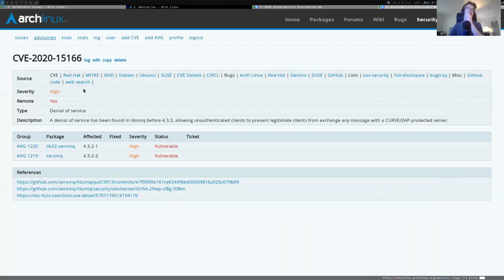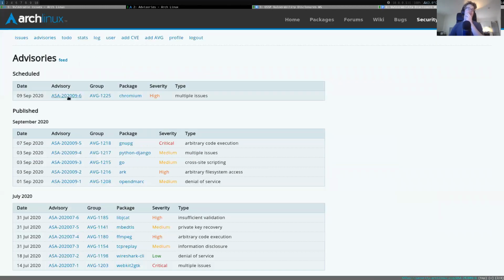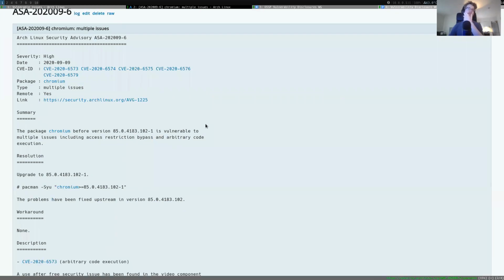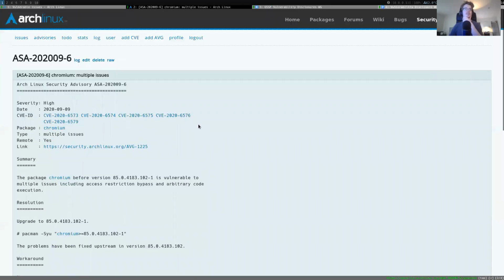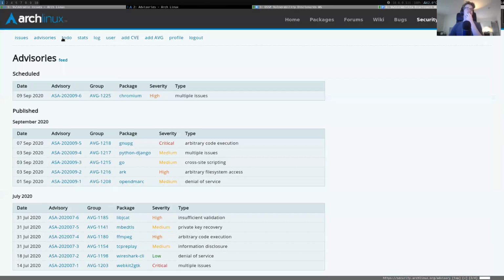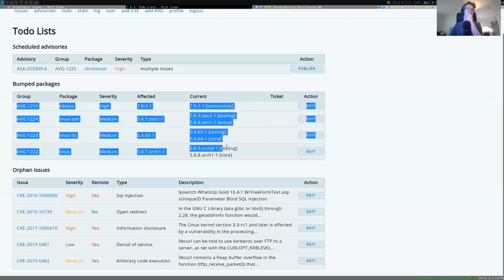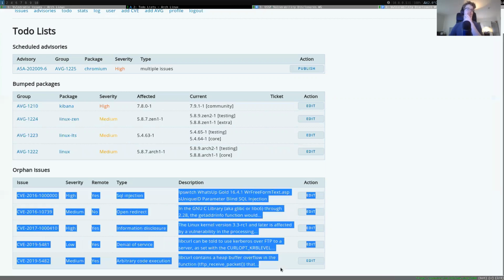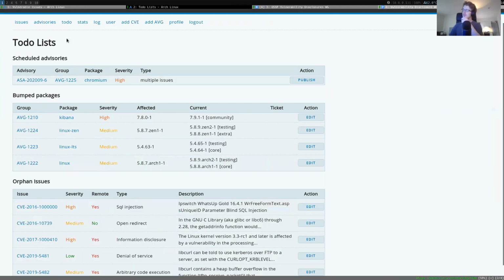And from here, we can easily generate the email, which is sent to the advisory listing of Arch. What this allows us to do is to keep track of the bumped packages, which is our to-do list, if there are any issues that need to be sorted. This doesn't track embargoed private CVE issues. Everything is public.